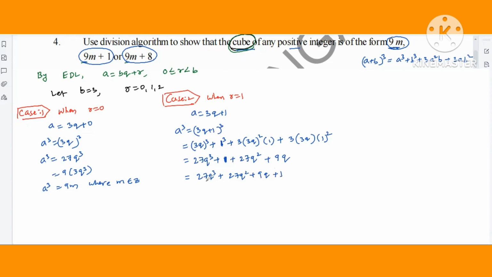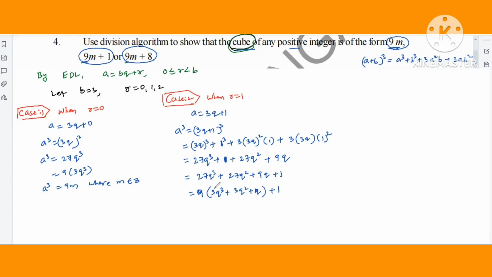Now here in the first three terms we get 9 common, not 3. So we get 9 into 3q cube plus 3q square plus q, plus 1. 9 times 3 is 27 q cube, 9 times 3 is 27 q square, 9 into q is 9q.